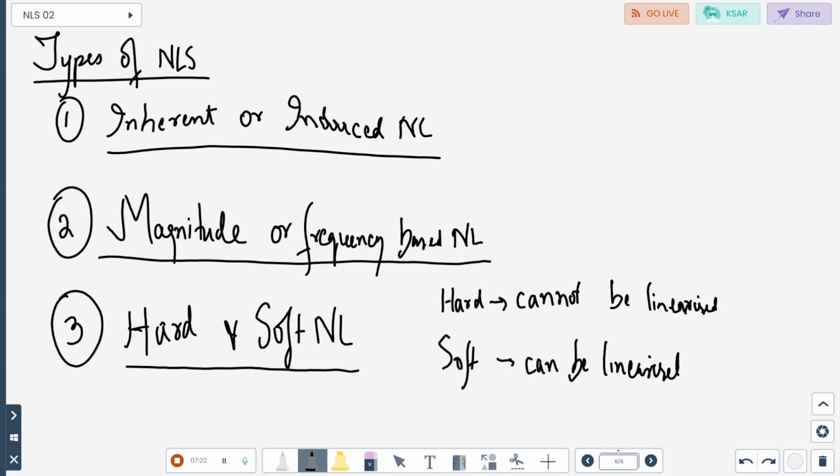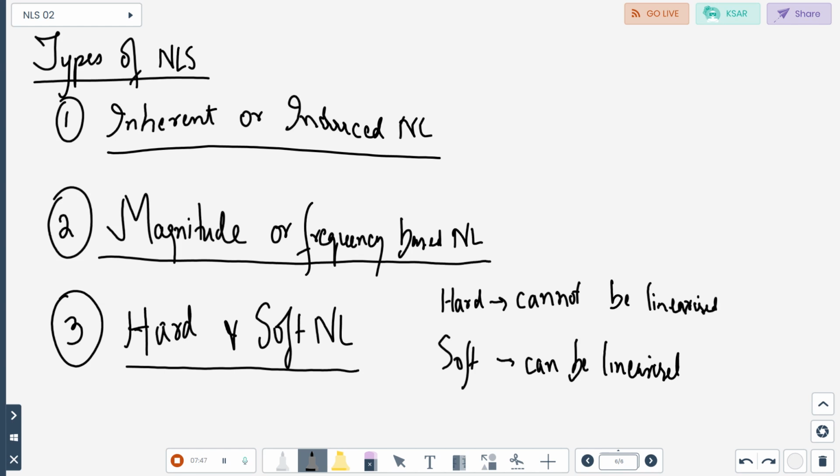But there are other types of nonlinearities that are hard nonlinearities. They cannot be linearized, and because of that behavior, it is not possible for us to analyze them in the linear domain. So such types of nonlinearities have to be dealt with directly in the nonlinear domain itself.